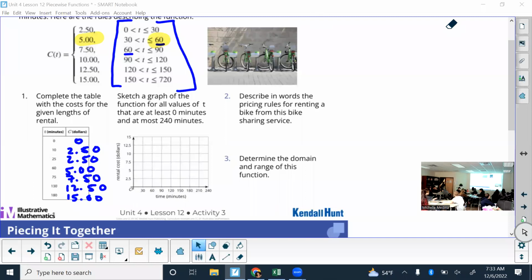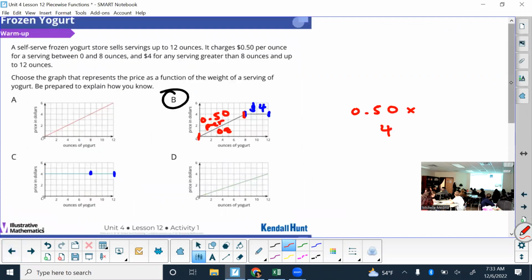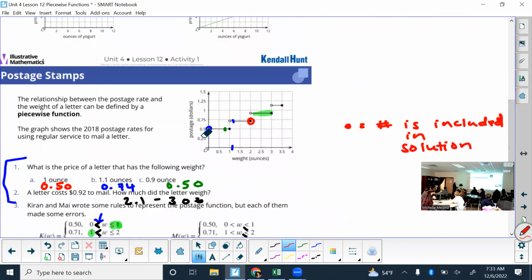So table 3, what would I graph first on this graph? I'll leave your table 3, but technically I would agree with you. But if you look at the other one, this one also had a 0, 0, but see on the 0 how they had an open circle up here. So let's try to make it look more like the one from yesterday.